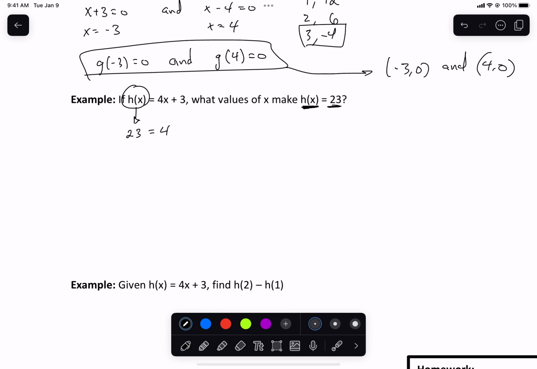It has to be equal to 4x plus 3, the function. So you're going to subtract 3. We're going to get 20 is equal to 4x. Divide both sides by 4. x is going to equal 5.